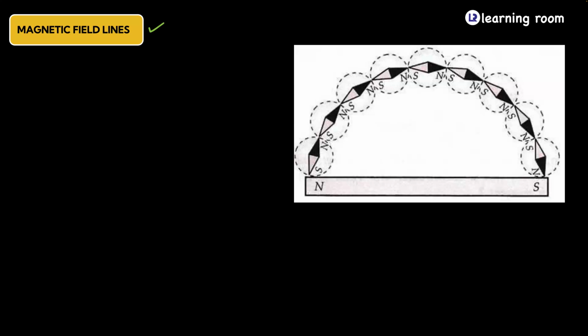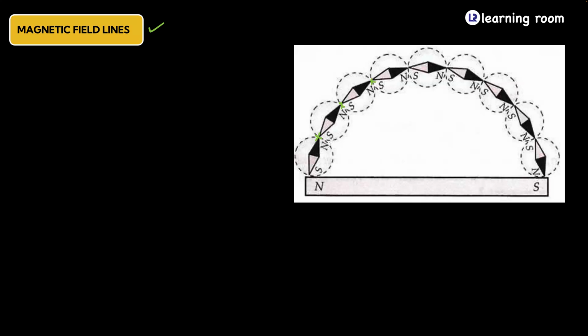So you mark this point. Then you take this compass and move it here. When you move it here, you will observe that the needle has got bent slightly more towards the South Pole. So you will mark this point. Then again, you will move the compass. Then what will you observe? That the compass needle has got bent even more.